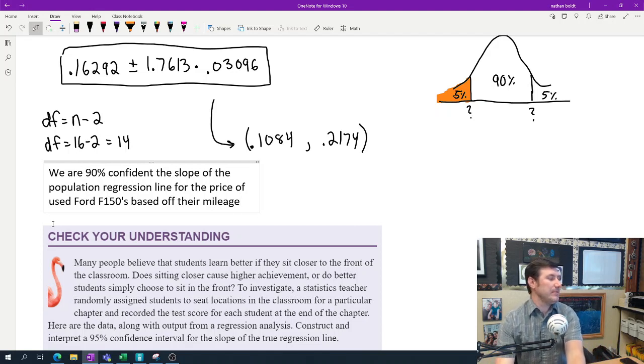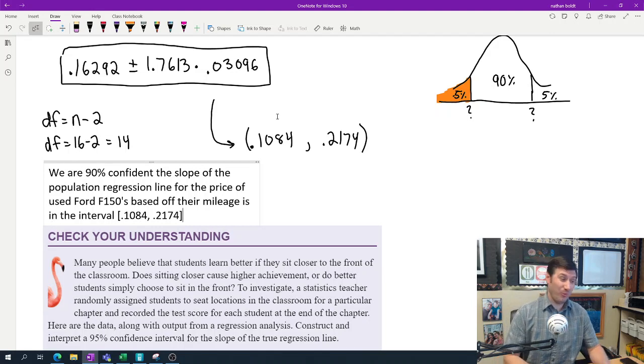All right, we are 90% confident the slope of that regression line is in the interval 0.1084 to 0.2174. That sentence is pretty much the same as always, right?